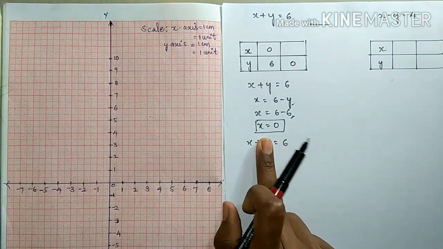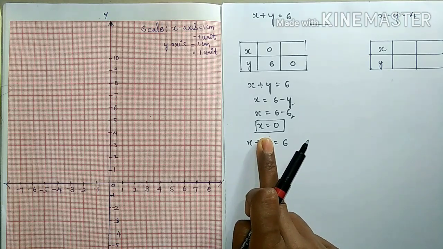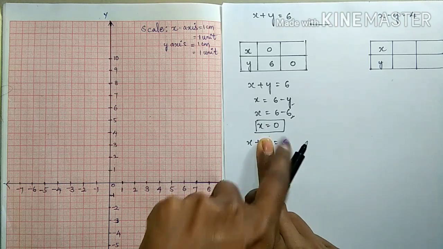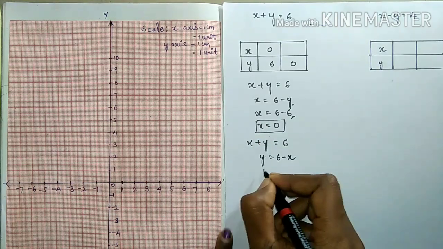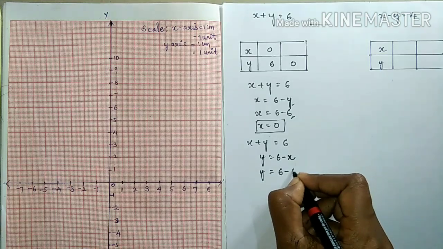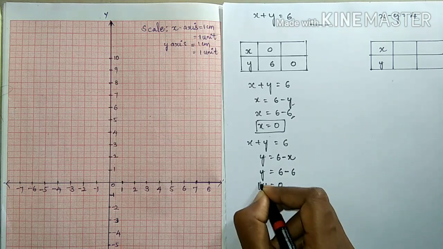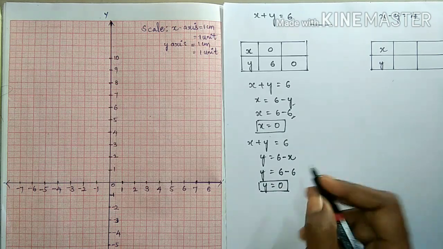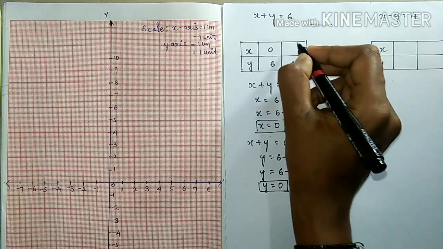If x goes to that side, y is equal to 6 minus x. So I have to give x as 6, then only y will become 0. So the x value I have given is 6.